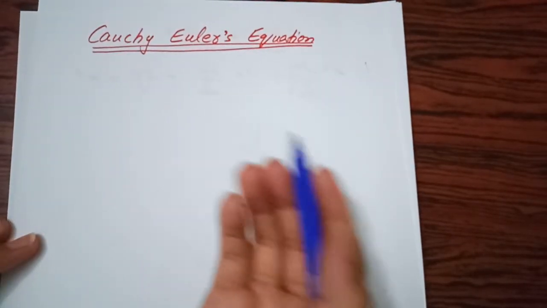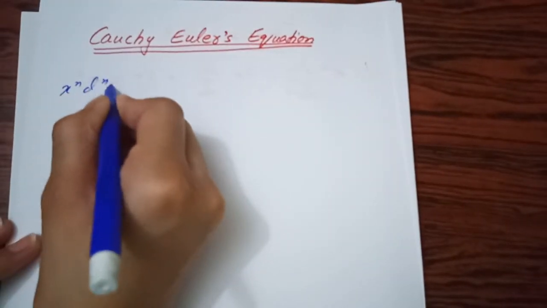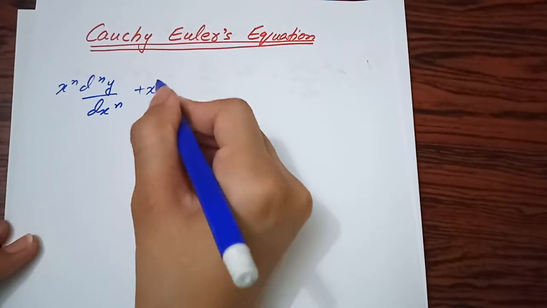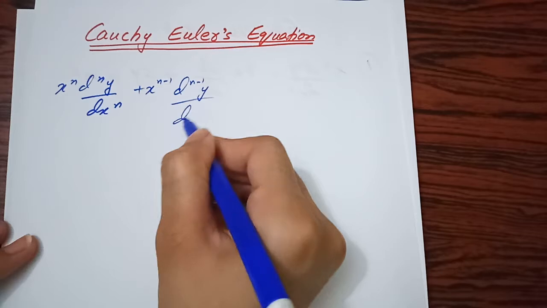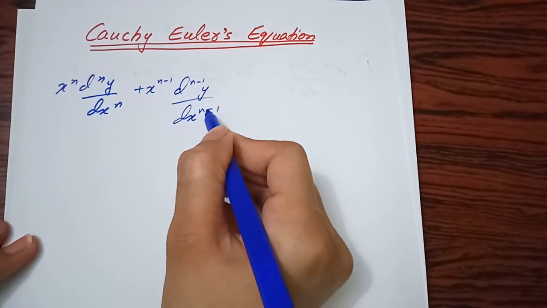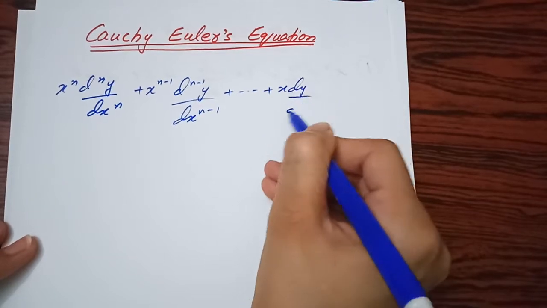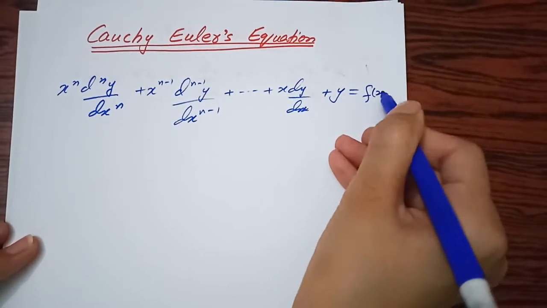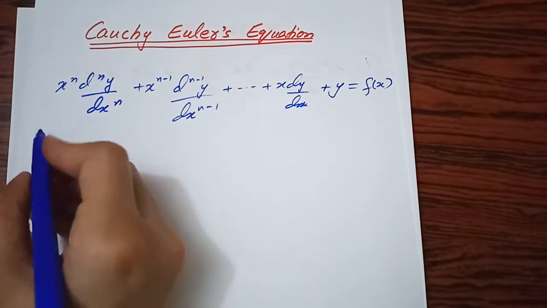The general representation of a Cauchy-Euler equation is x^n d^n y/dx^n plus x^(n-1) d^(n-1) y/dx^(n-1) plus up to x dy/dx, and finally plus y equals f(x).